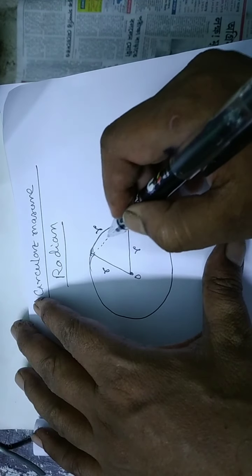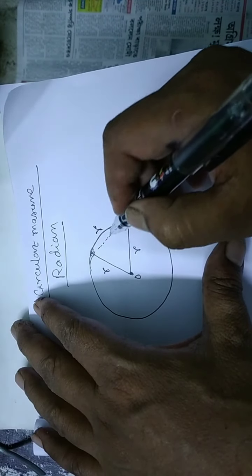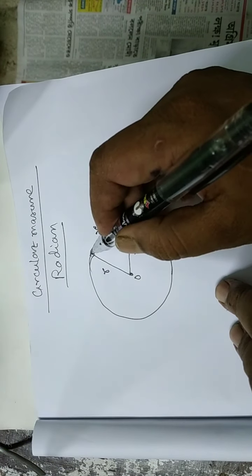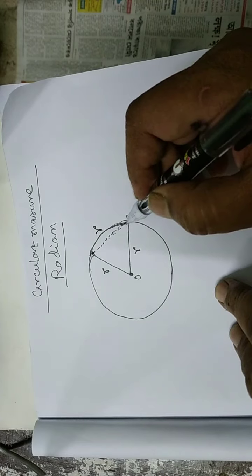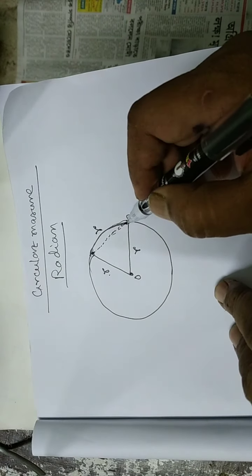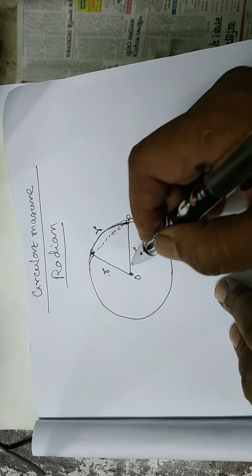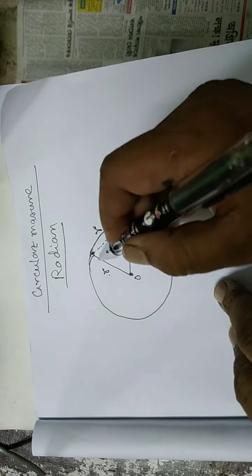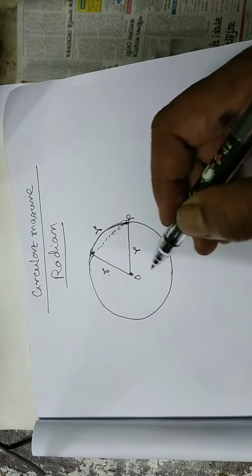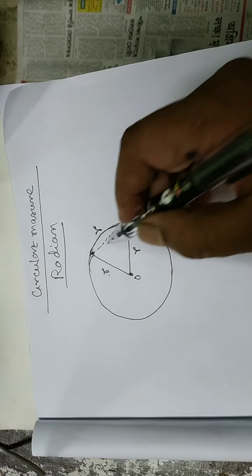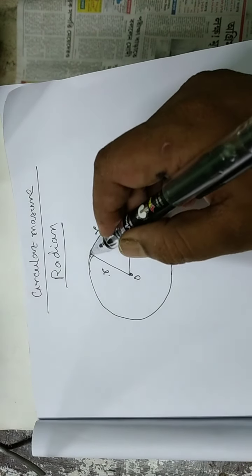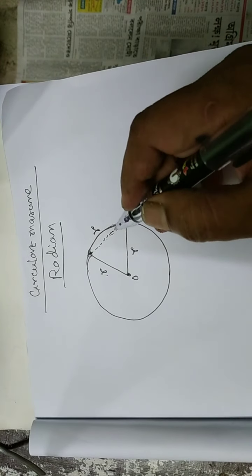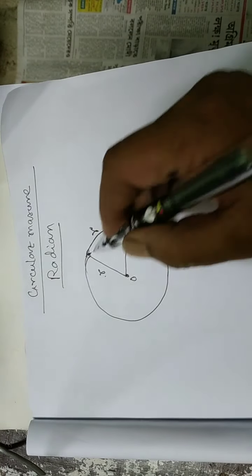This is actually, if this equal to r, this is r, this is r, and this r, then this angle becomes 60 degree. You know it. But in this case, this is less than 60 degree because this arc is not equal to this straight line.